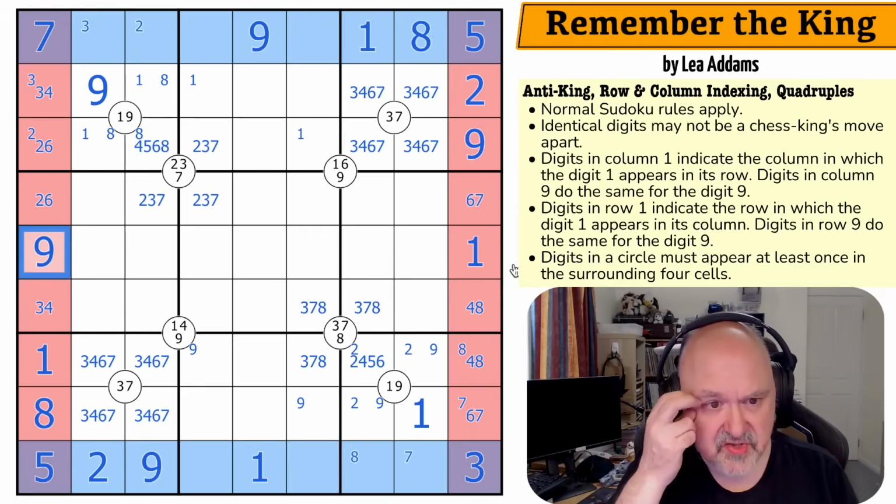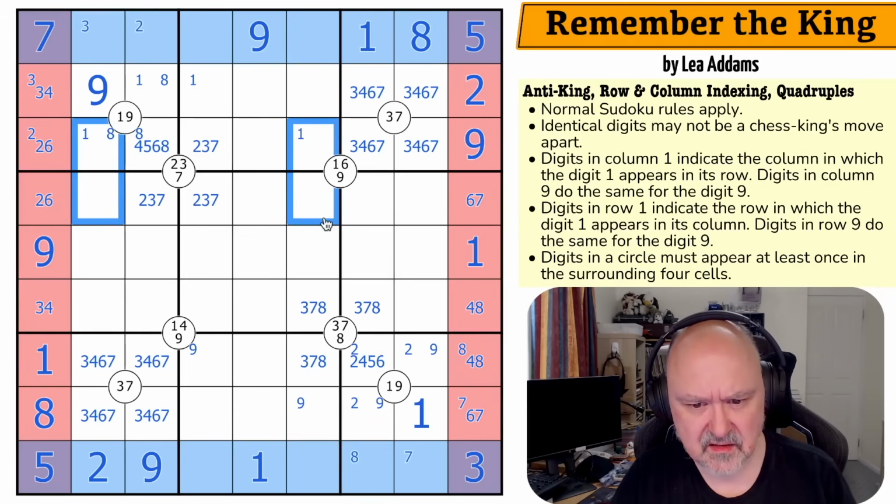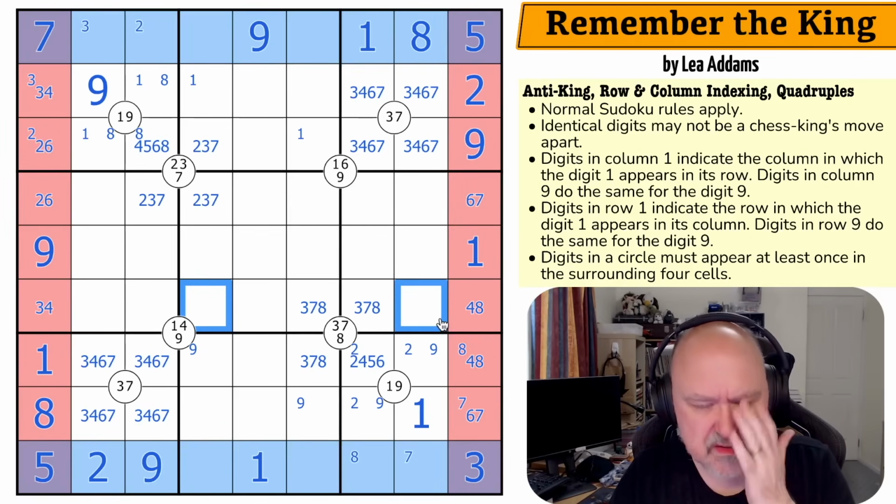This is so strange. So now the 1 is here and here. So this is putting a 9 either there or there. This is correct. It just doesn't feel correct.